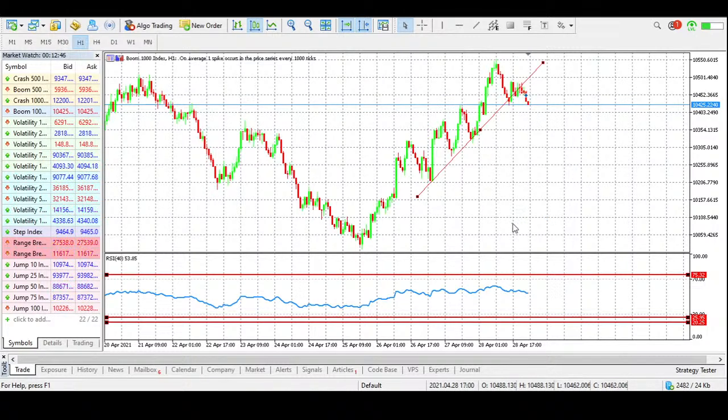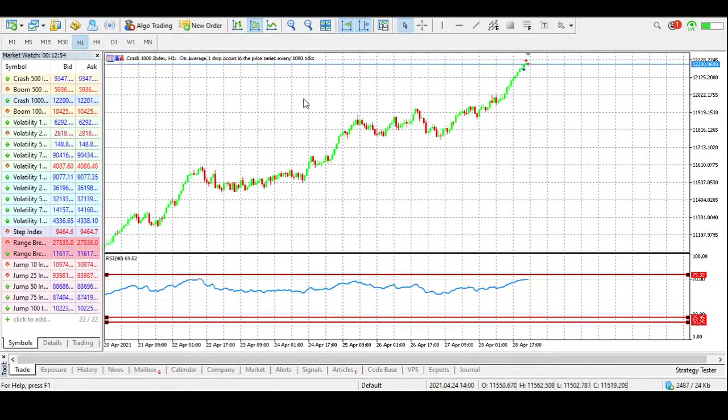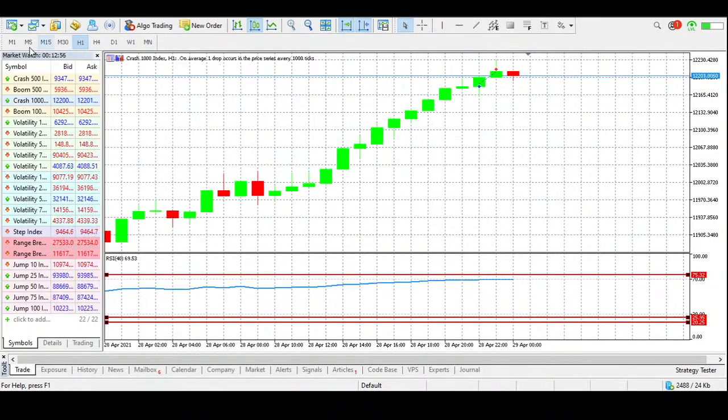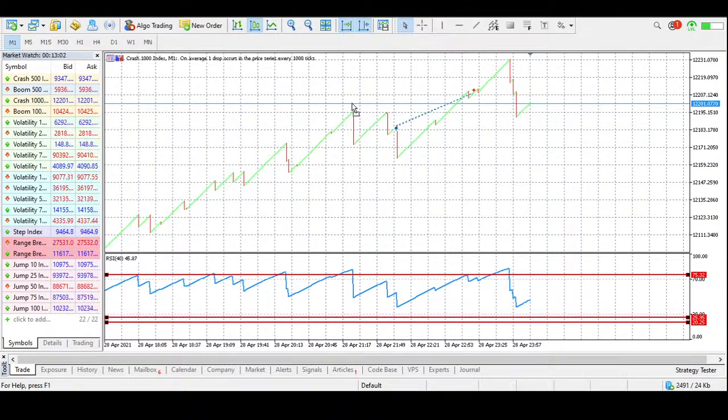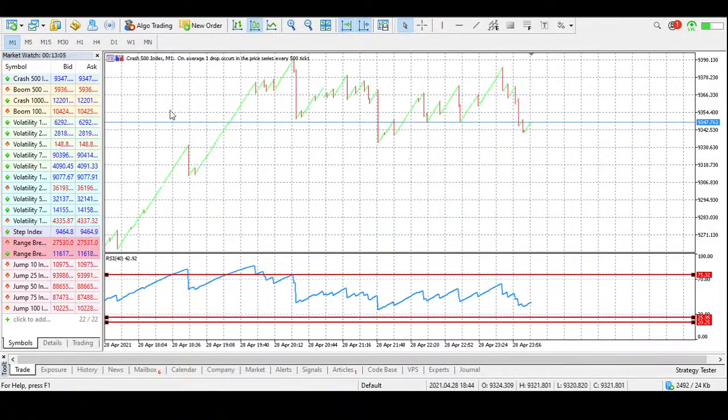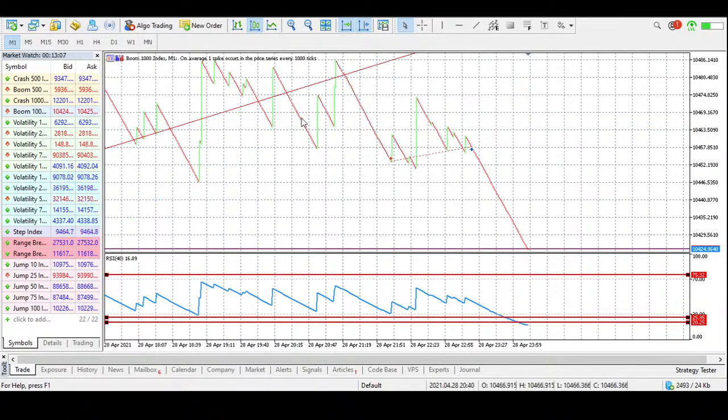Can you kindly specify which is going way down? Let's see. Is it Crash 1000, Boom 1000? What's happening? Okay, Boom 1000. Yeah.